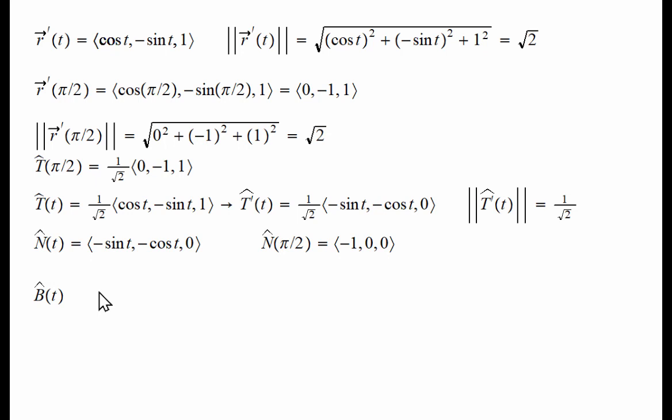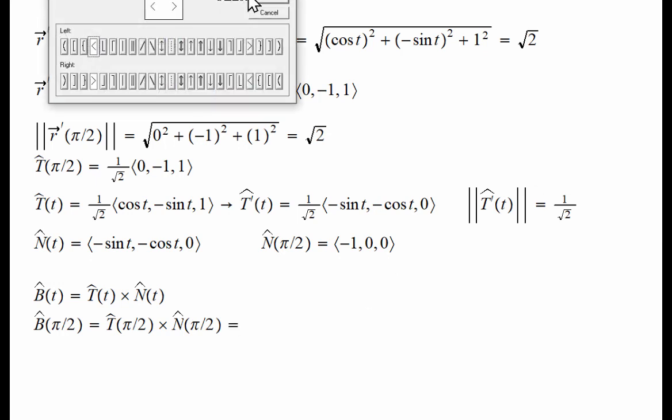So B is simply T cross N. So let's write that down: we got T cross N. Now if we write it at pi over 2, this will be T at pi over 2, and then N at pi over 2.